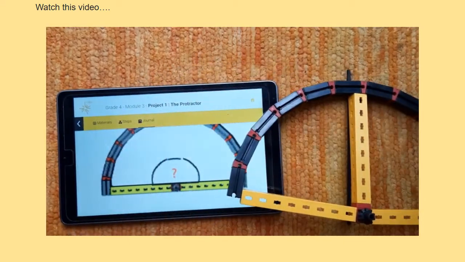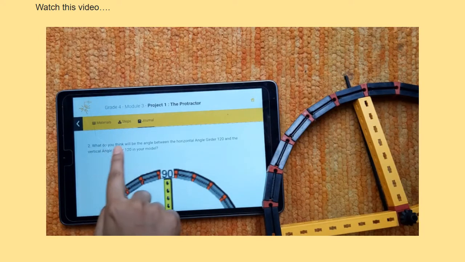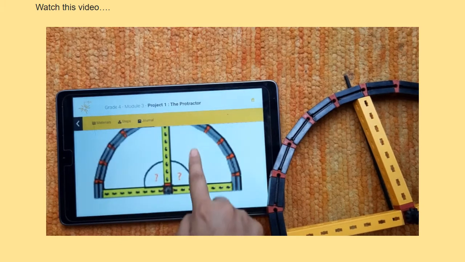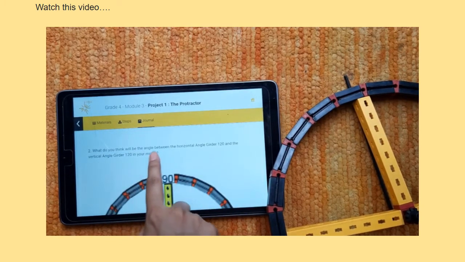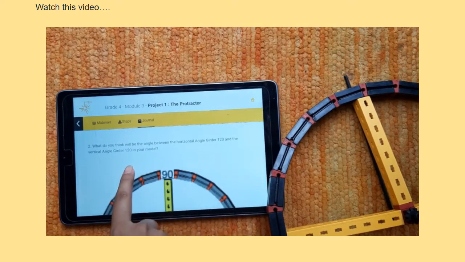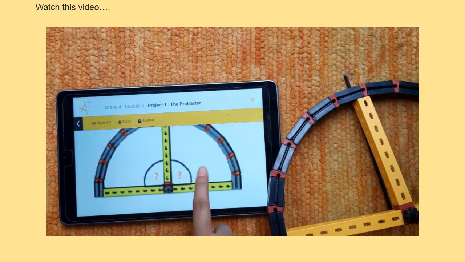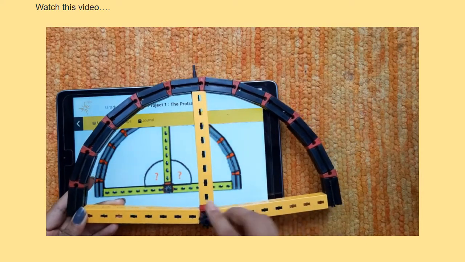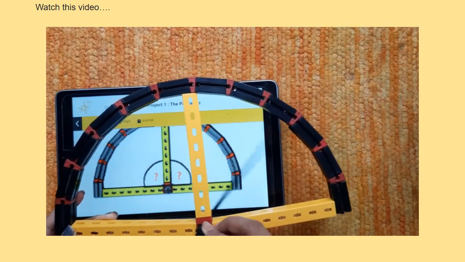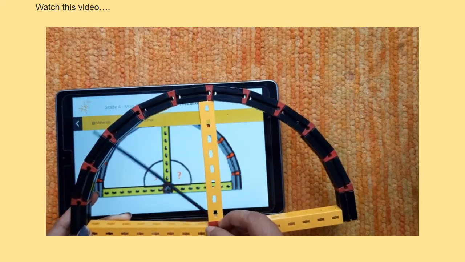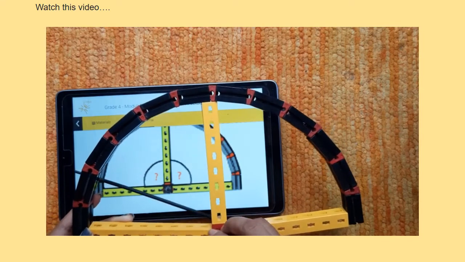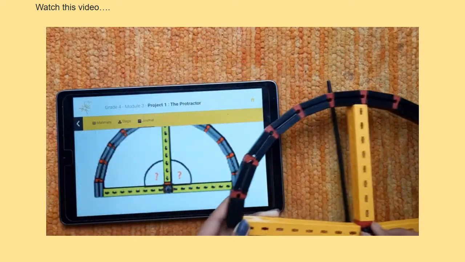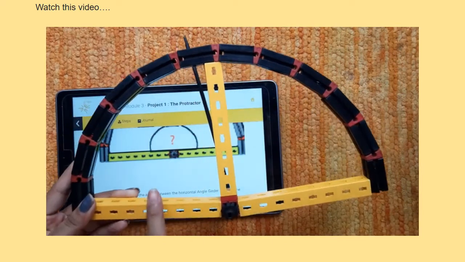We have to notice what is the angle between the two horizontal angle girders. So which angle is there between the two horizontal angle girders? At this part. Yes, it is 90 degree angle between the two horizontal angle girders.